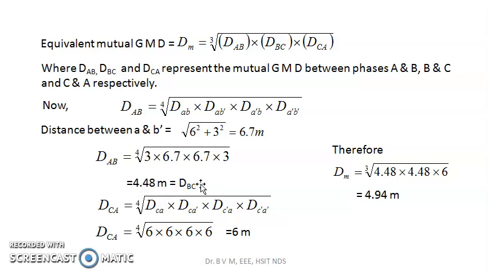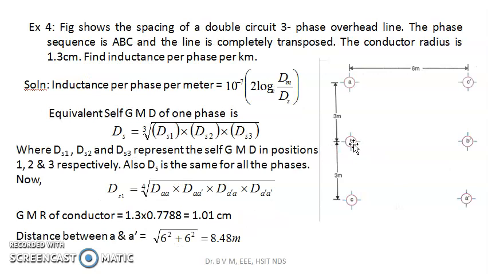This is the same as your dbc. That is dbc, dbc dash, dc dash b and dc dash b dash.